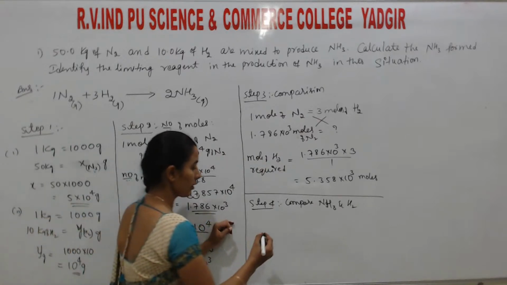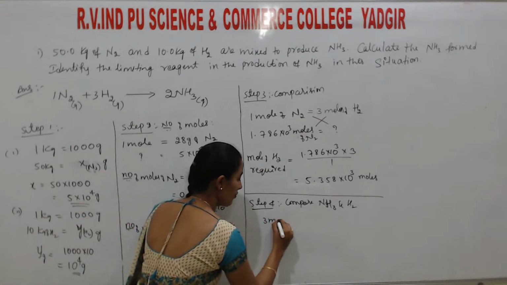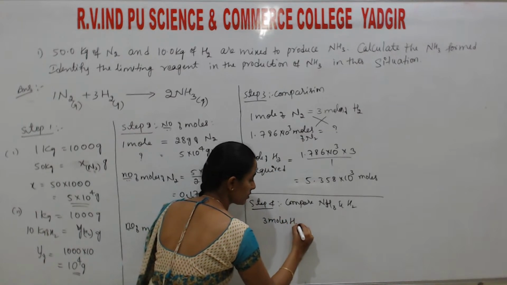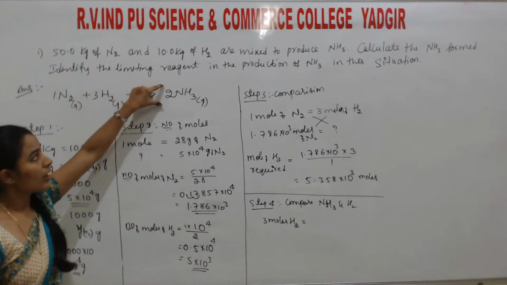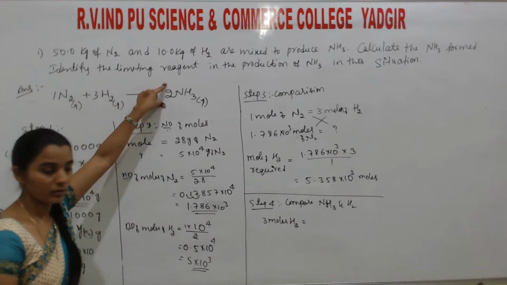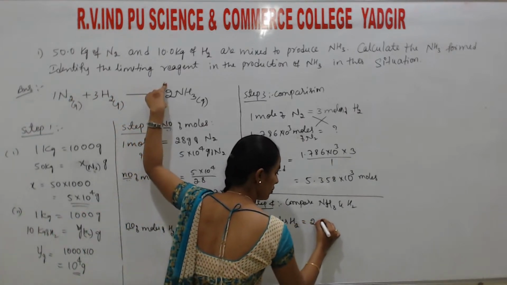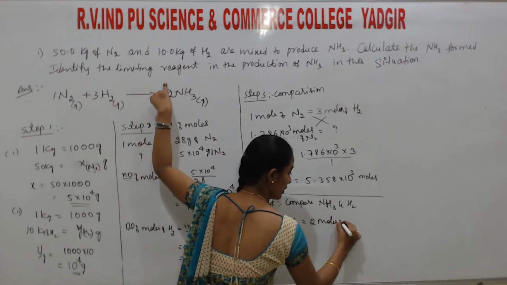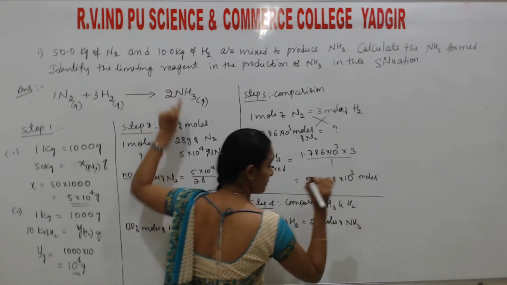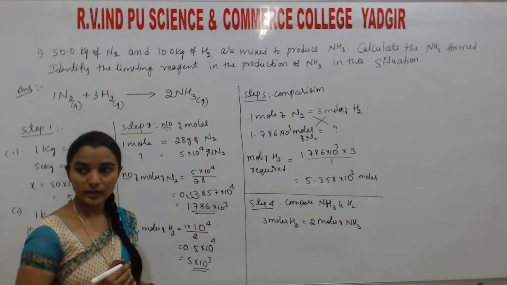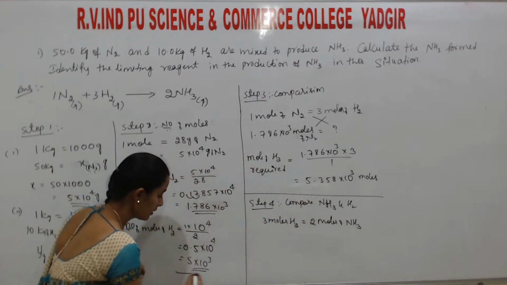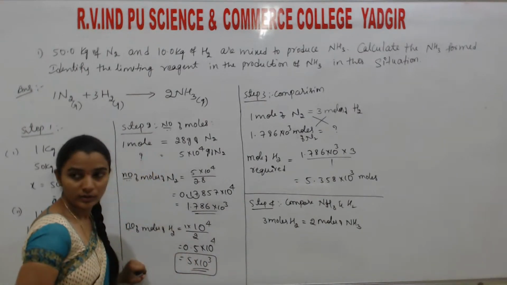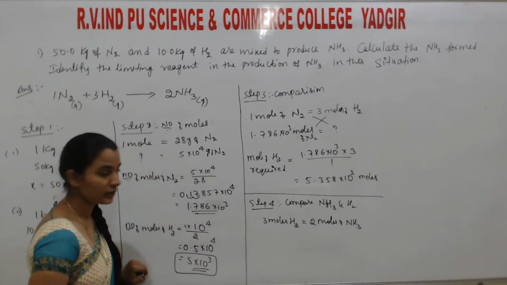Okay, so here 3 moles of H2 reacted means how many moles of NH3 is found? Is equal to 2 moles of NH3. Correct? Next, here the moles we have is this much, 5 into 10 power 3.